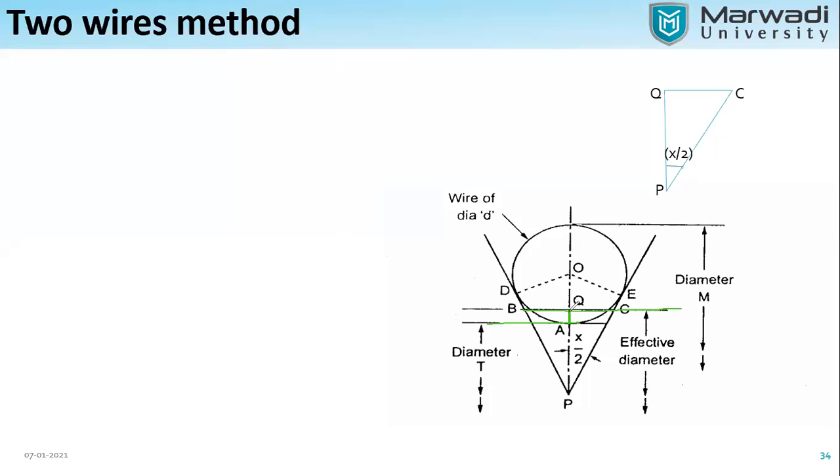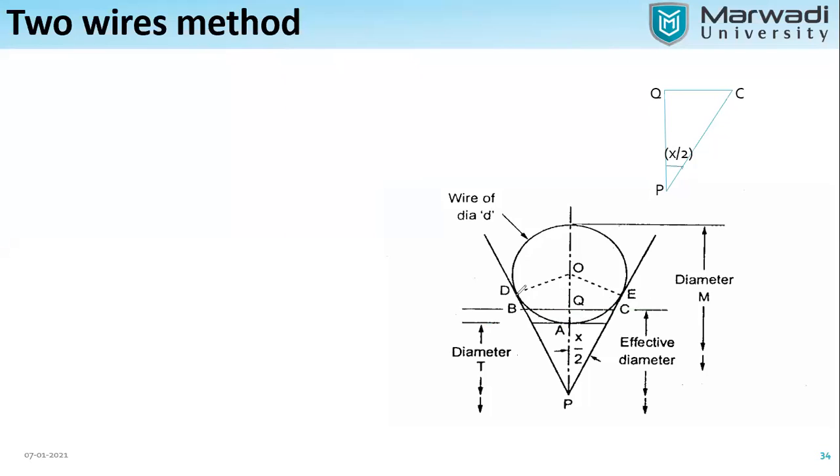Just as we did in the gear part, we have to consider different triangles and apply different trigonometric functions, and we will get the answer for this distance AQ. So can anyone suggest how we can find this distance AQ?